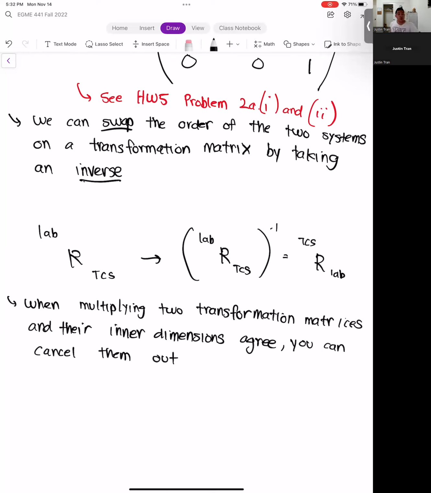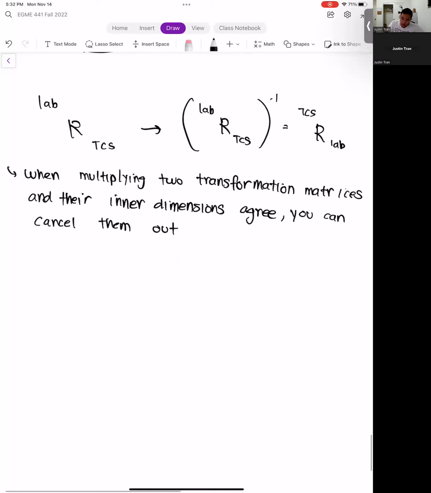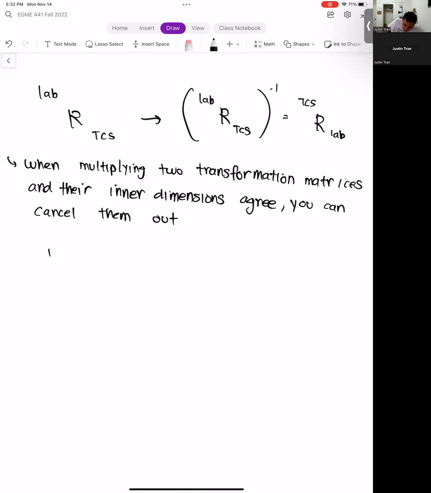The other important property for transformation matrices is this multiply property. If you multiply two transformation matrices and their inner labels agree, in other words, let's say we have R1,2 and 2R3, and we perform a matrix multiplication on this.